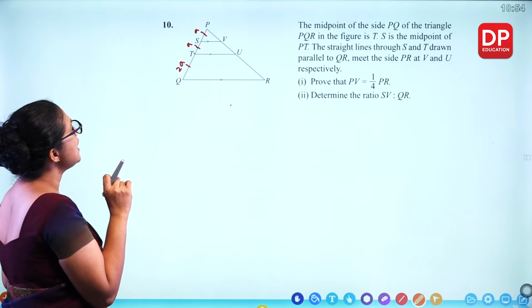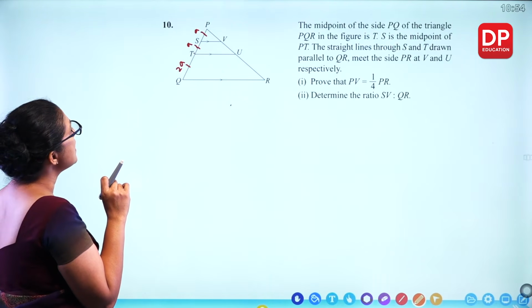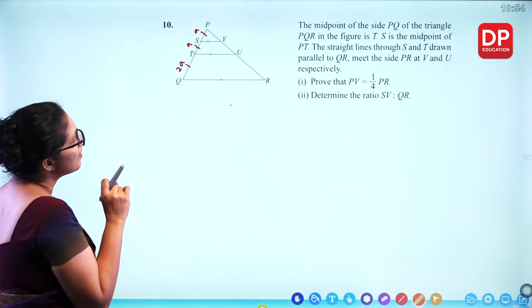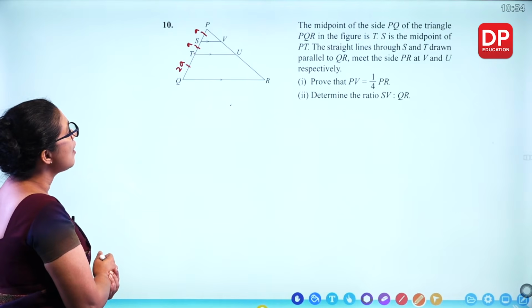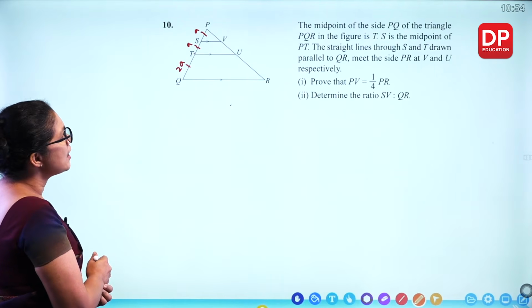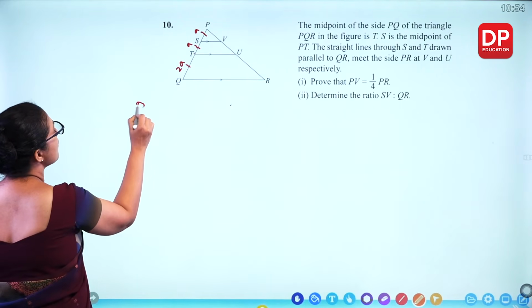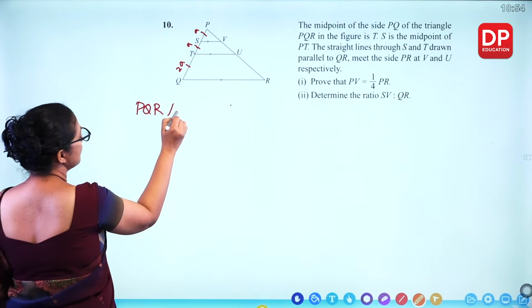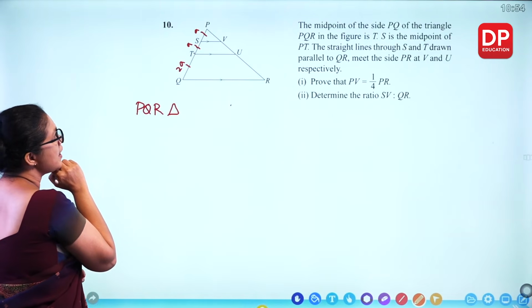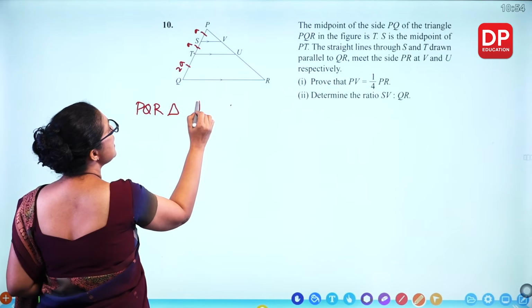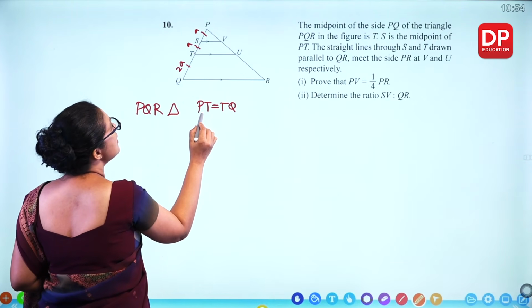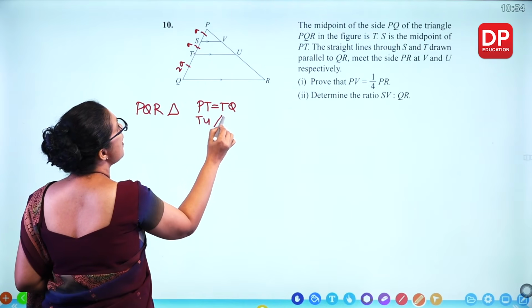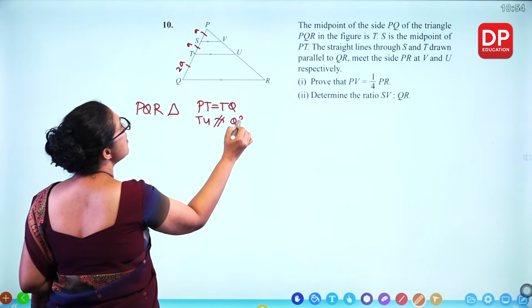Prove that PV is equal to 1/4 of PR. Now we'll look at triangle PQR. When you take triangle PQR, PT is equal to TQ and TU is parallel to QR.